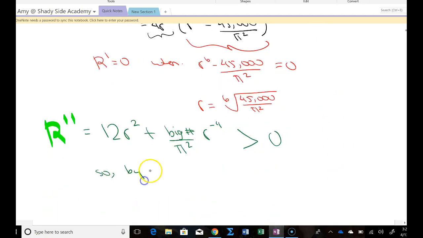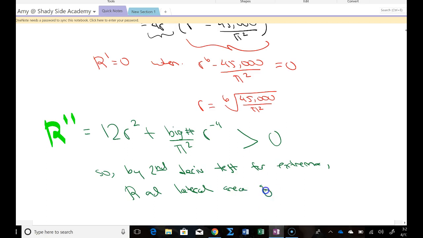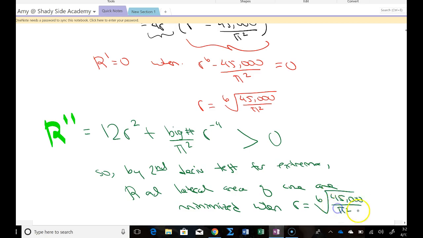So, by the second derivative test for extrema, R, and frankly the lateral area of the cone, are minimized when the radius equals the 6th root of 45,000 divided by pi squared. See? Are you all figuring out here that the second derivative test can be your best friend? I hope you are.